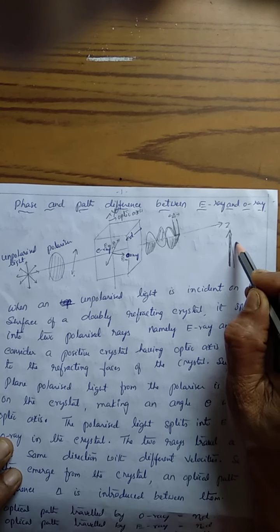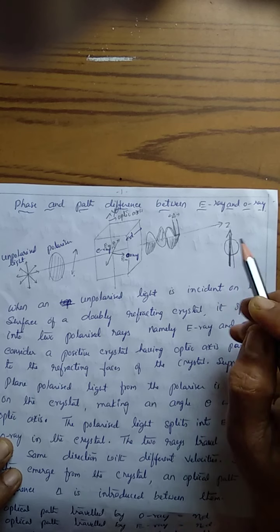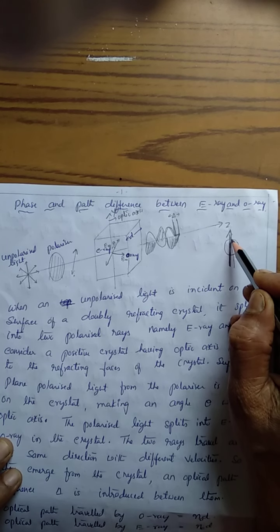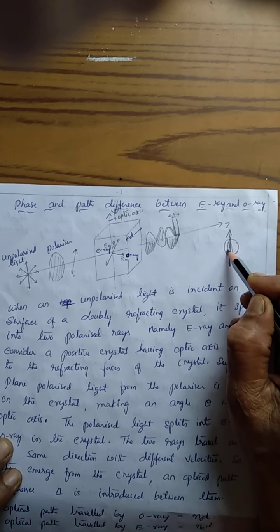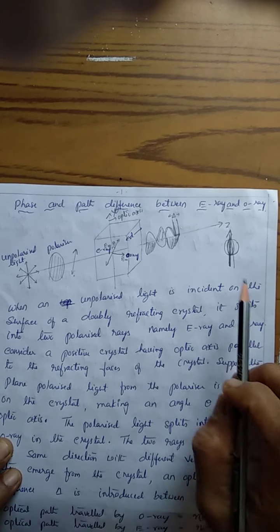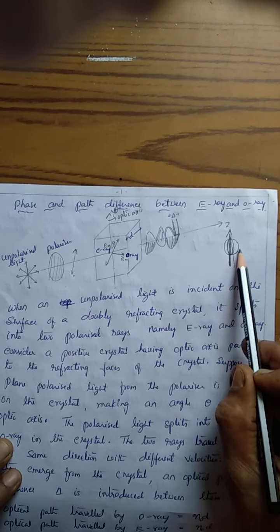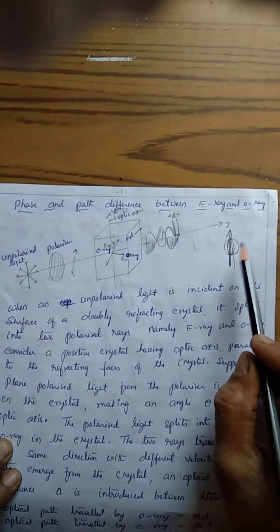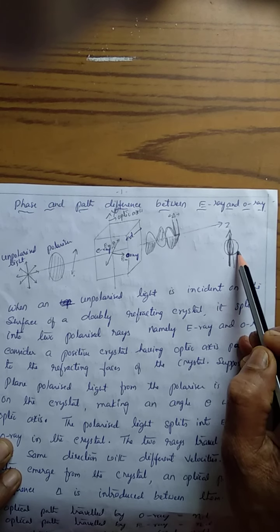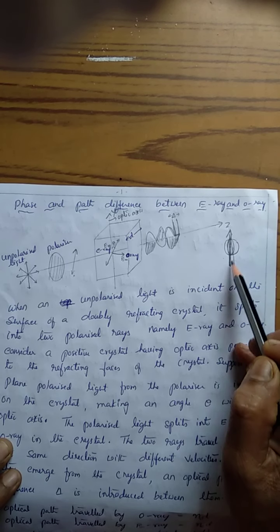Wavefronts are represented as the spherical wavefront corresponding to O ray and the elliptical wavefront corresponding to E ray. Positive crystal means the elliptical wavefront is well inside the spherical wavefront. And one more thing is, the two wavefronts touch each other along the optic axis.